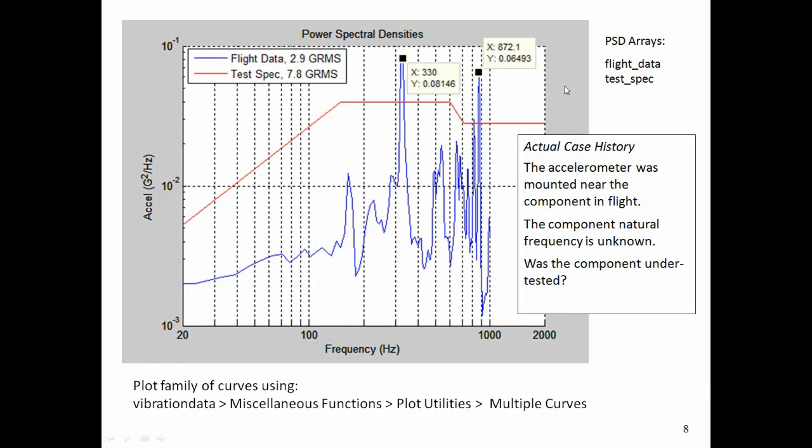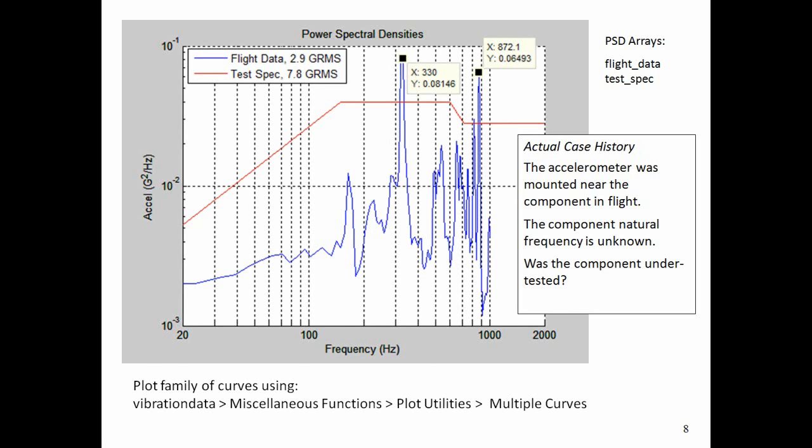And by the way, I'd like you to work with these curves yourself, and the MATLAB arrays are flight_data for the blue curve and test_spec for the red curve. So you can actually go to vibration data, miscellaneous functions, plot utilities, and you can use the multiple curves utility to superimpose these two power spectral densities.